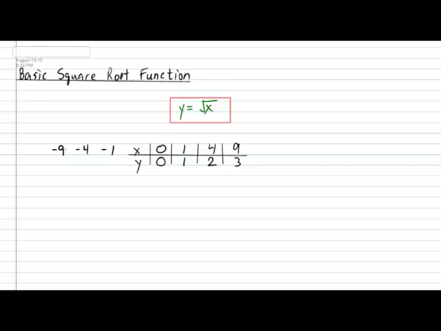Good for you if you remember that you can never have the square root of a negative number in the real number universe. So the square root of -1, -4, and -9 do not have any valid answers. So, scratch that.